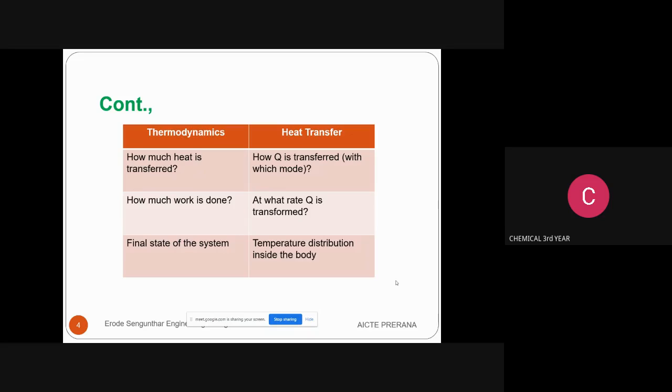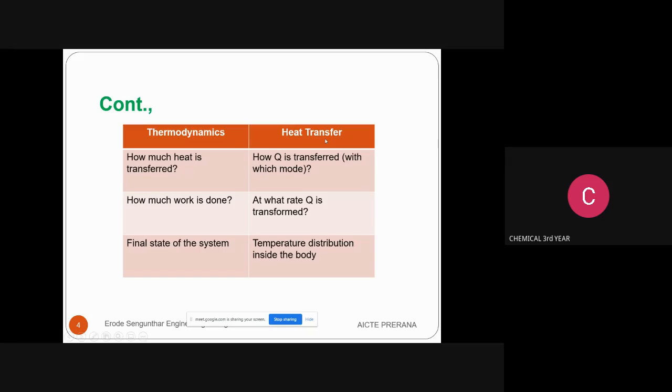And the second point: how much work is done can be given by the thermodynamics subject. Here we see whether work is done by the system or on the system, and based on that we give minus W and plus W. So thermodynamics gives how much work is done on the system or by the system.